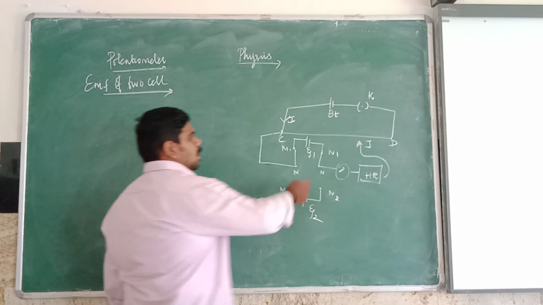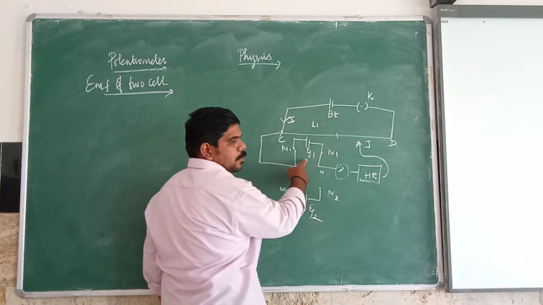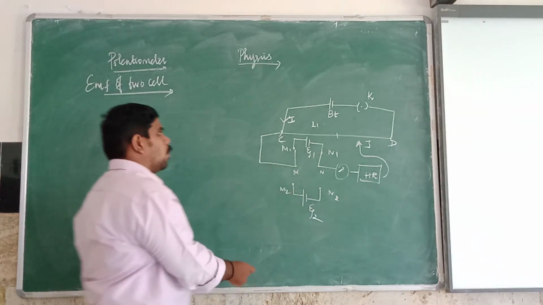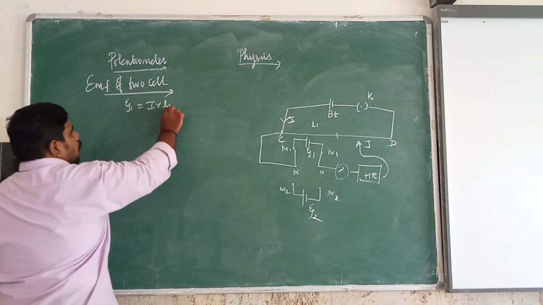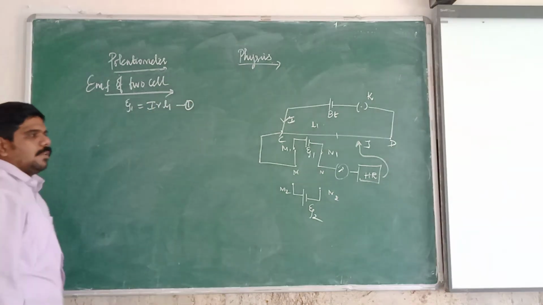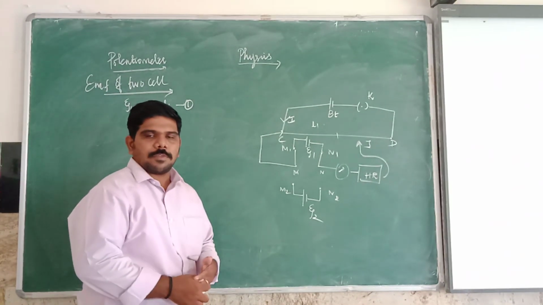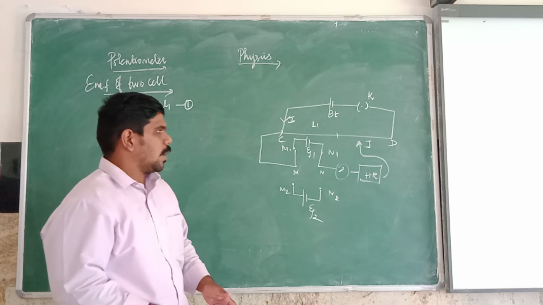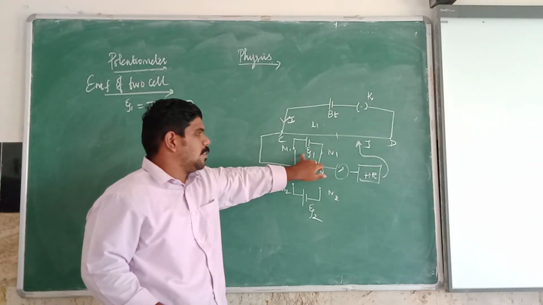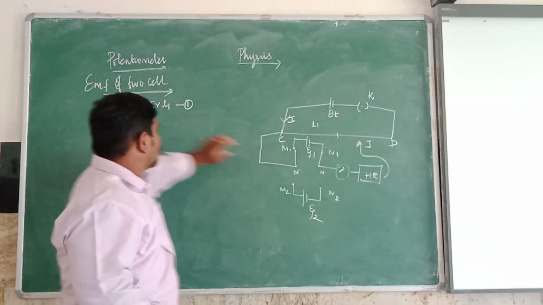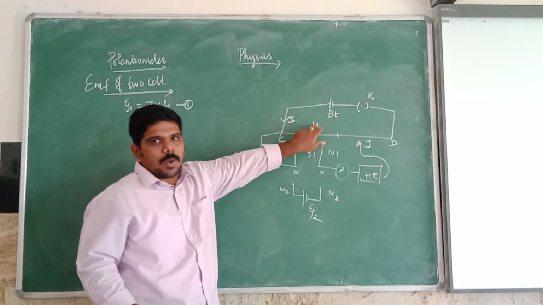The potential difference across the balancing length L1 is directly proportional to the EMF of cell ε1. So ε1 is equal to I R L1. Here the balancing length will be L1.